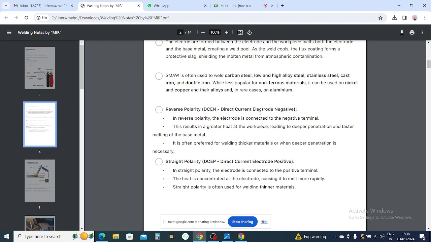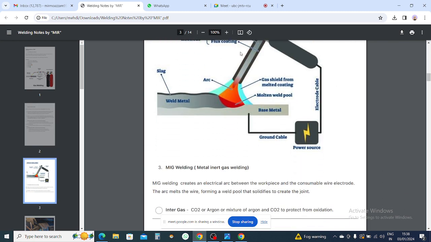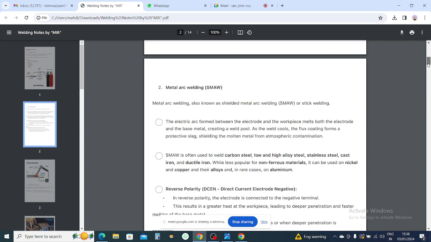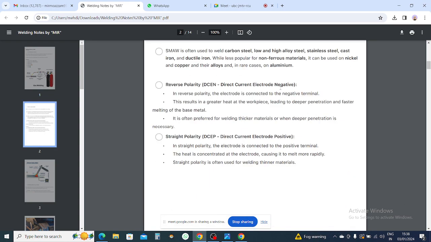When the electrode is connected with the negative terminal, we say reverse polarity, and when the electrode is connected with the positive terminal, we say straight polarity. So why do we do that?